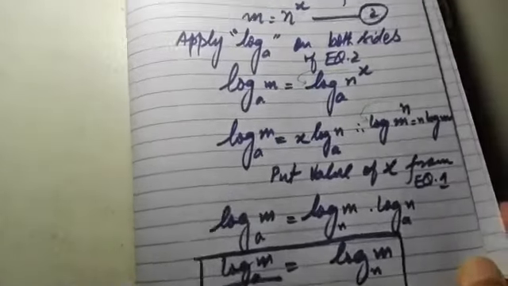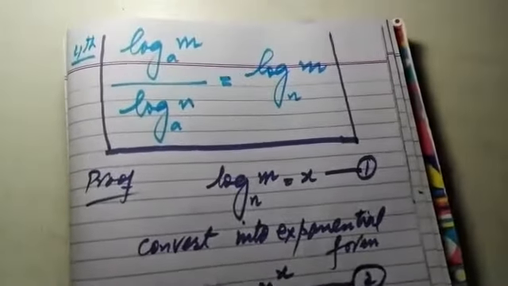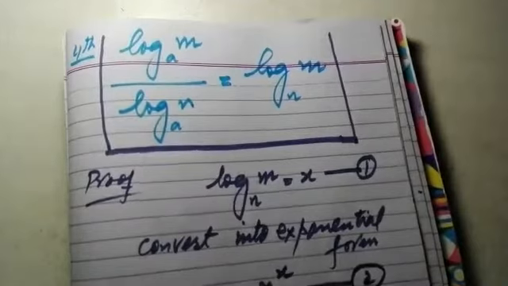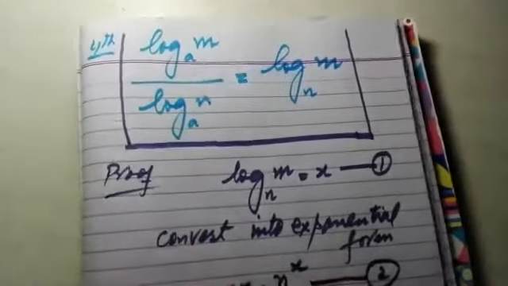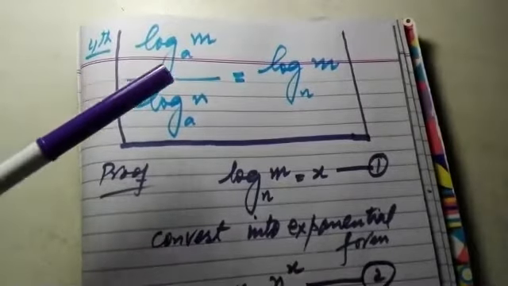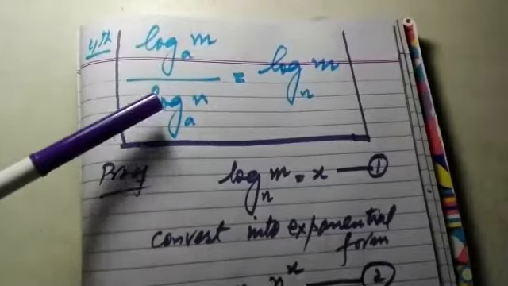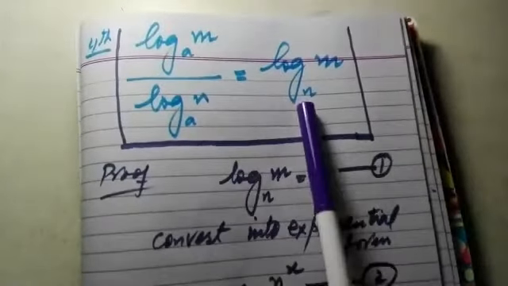So if I summarize it quickly, it will be like this. This is also called the change of base formula, in which the base of the logarithm is changed. From the very beginning, a fraction containing two logarithms, log m divided by log n, they have the same base, and this is equal to log m with base n.